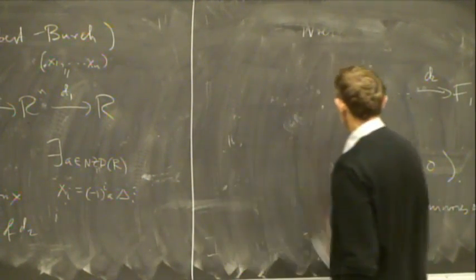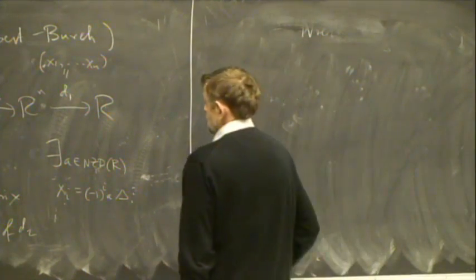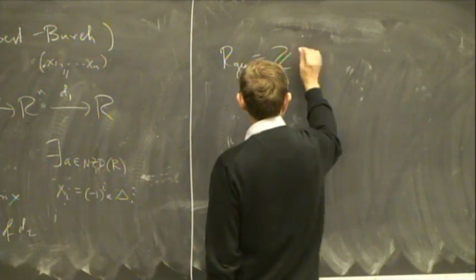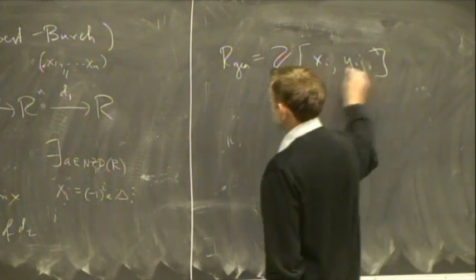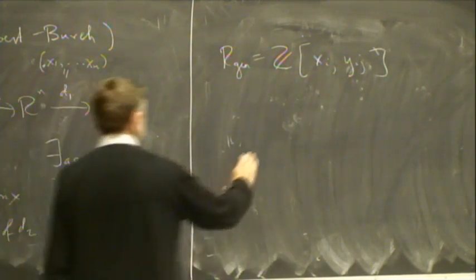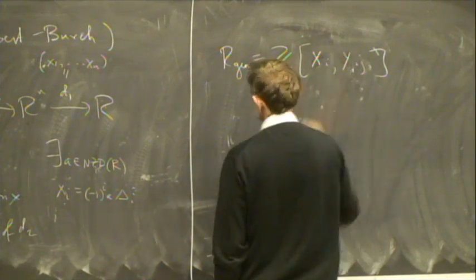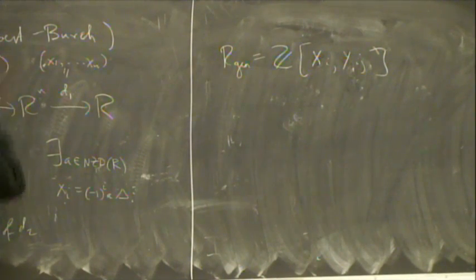What I do, I take my R generic to be Z[x_i, y_ij], where maybe I put capital X and capital Y. These would now be variables. I'm thinking of the matrix D2 as being, with my choice of basis, the matrix Y_ij.